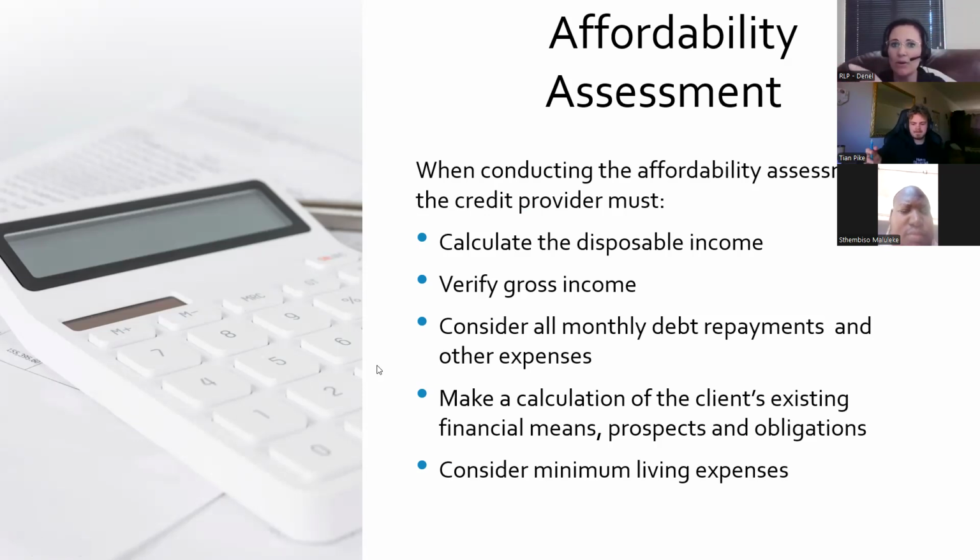Because they want to see whether the amount that you say you get in your bank every month is actually the truth. Also, they do consider all monthly debt repayments and other expenses, and then they make a calculation of your client's existing financial means, prospects, and obligations, and they do consider the minimum living expenses.